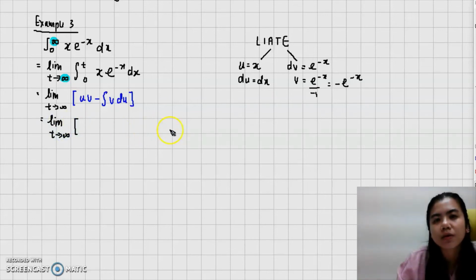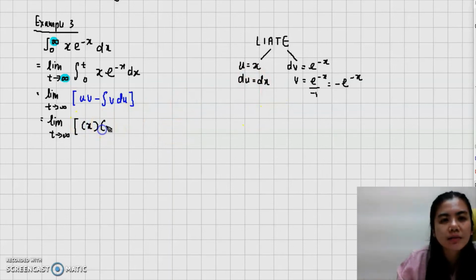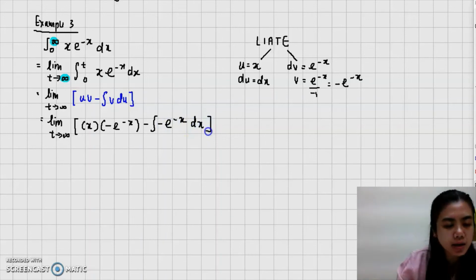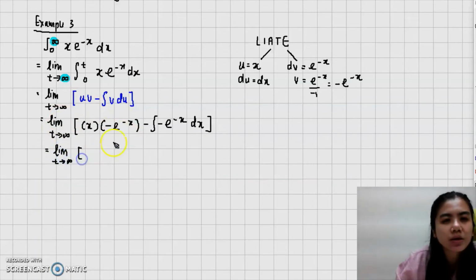So let's do the substitutions. What is our u? Our u is x, and our v is minus e minus x. Minus v, the v here is minus e minus x, and du is actually dx. Simplify it. This gives you minus x e minus x, and minus minus is actually plus.